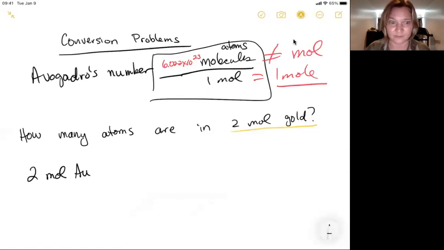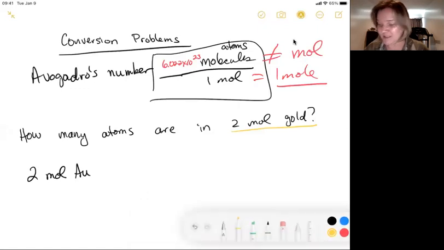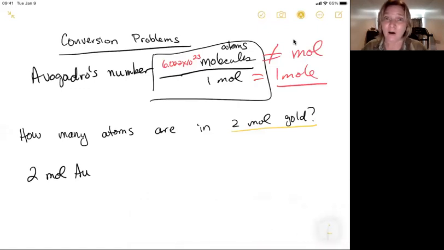Gold is Au. The second thing you want to do is identify what is the unit you're being asked to convert this unit into. And it's usually preceded by how or what. So how many atoms? That is the unit that it's asking me to convert moles into.